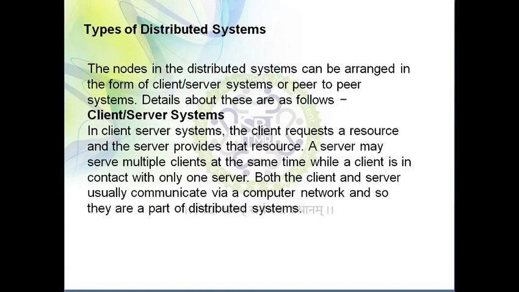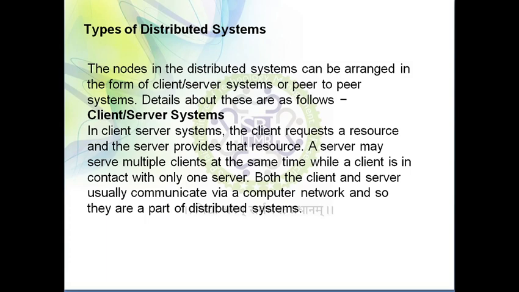Types of distributed system. The nodes in the distributed system can be arranged in the form of a client-server system or a peer-to-peer system. Details about these are as follows.